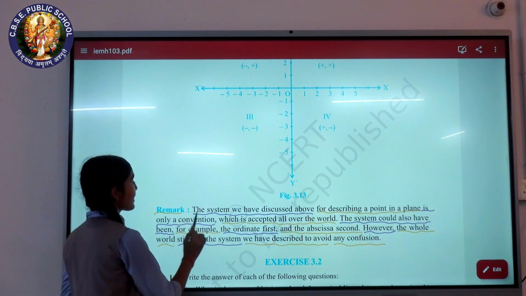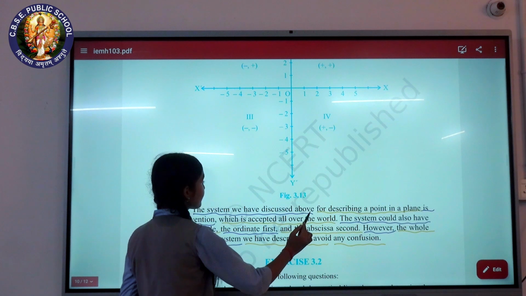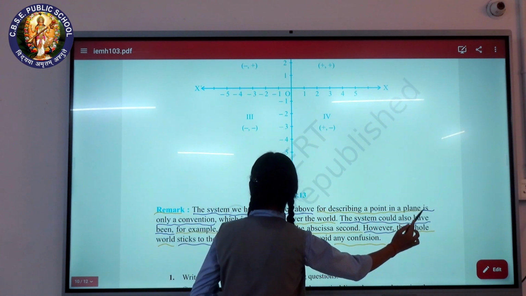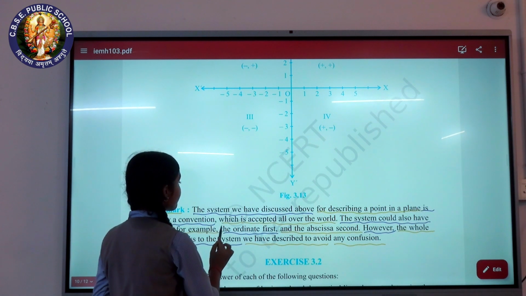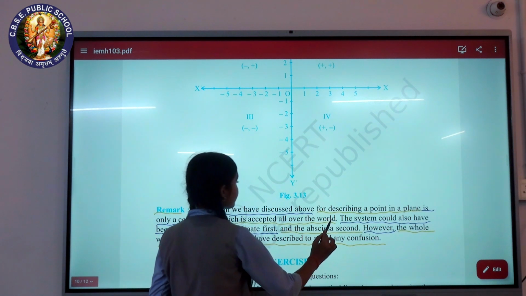Remark. The system we have discussed above for describing a point in a plane is only a convention which is accepted all over the world.